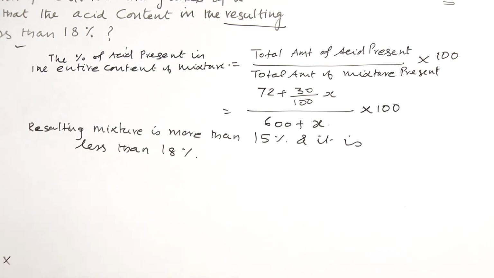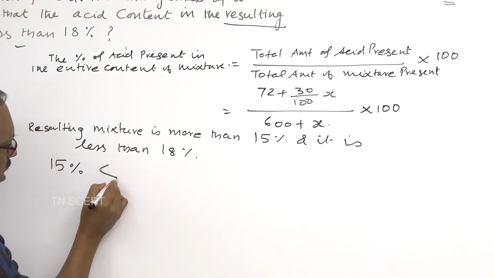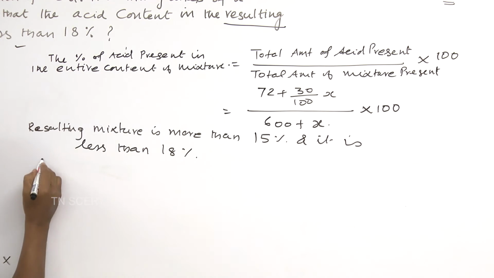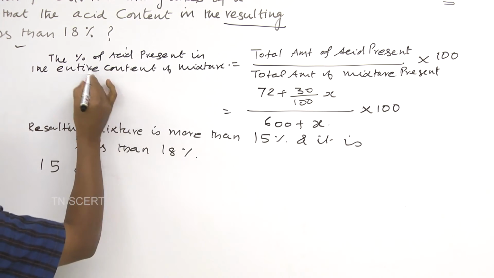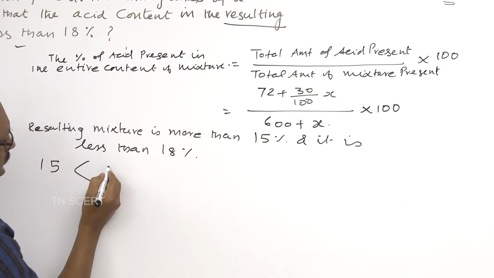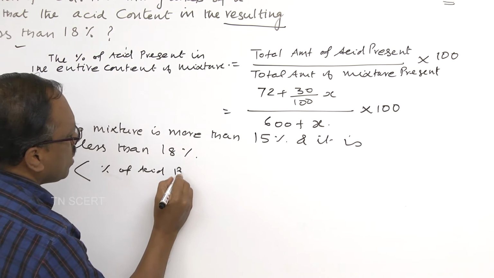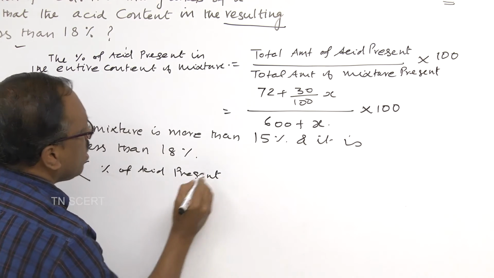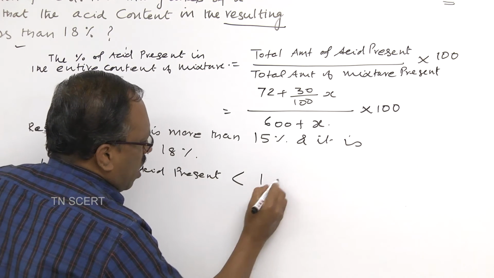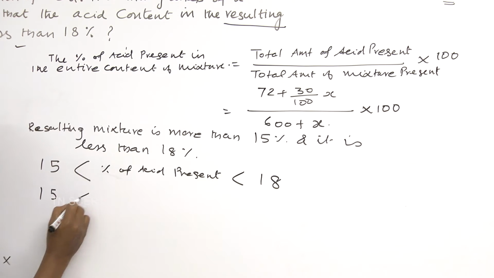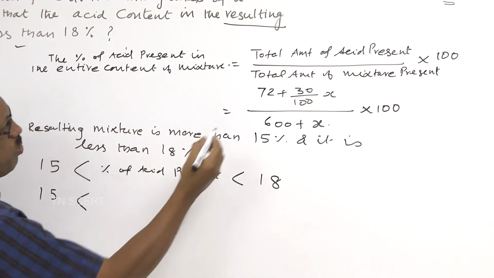This is the condition given. So this condition we have to combine here: 15 less than the percentage of acid present, less than 18. Now you have to combine this 15 less than this 72 plus 30x.